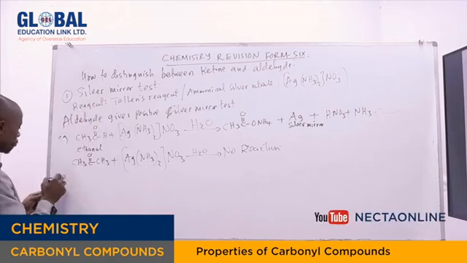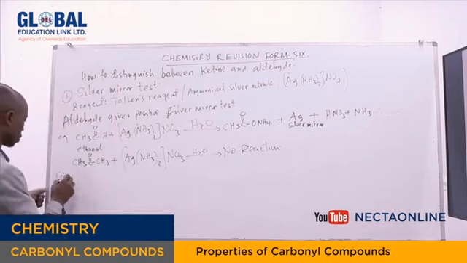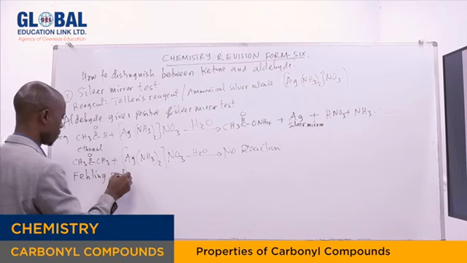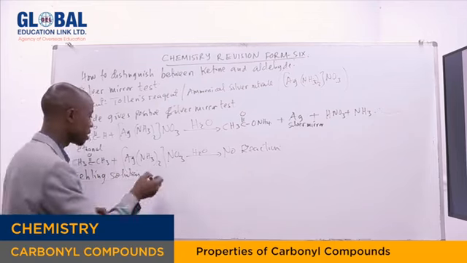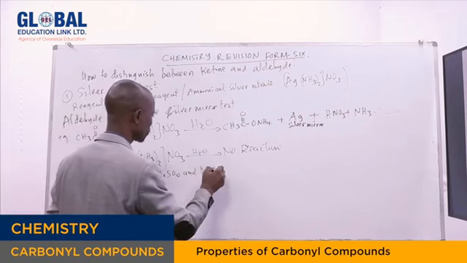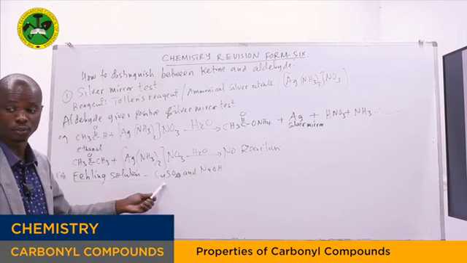The second way of distinguishing between ketone and aldehyde is by using Fehling solution. Fehling solution is a mixture of copper 2 sulfate and sodium hydroxide. Now, copper 2 sulfate contains copper 2 ion.